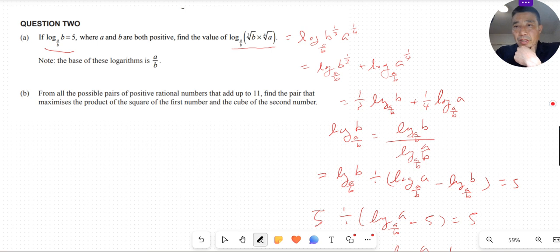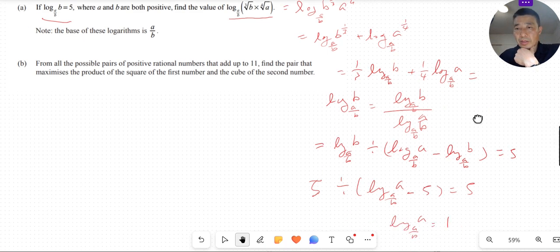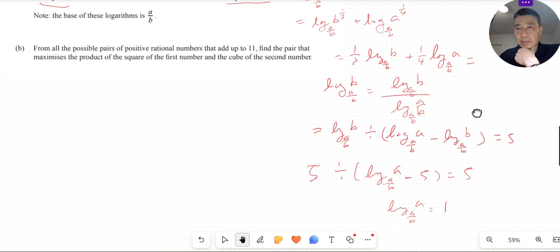So over here, that is a 5 and that is 1, right? That's what it says. Oh, sorry. Minus 5 is 1. So log a is not 1. So that means log a to the base of a over b equals 6, isn't it? Right?